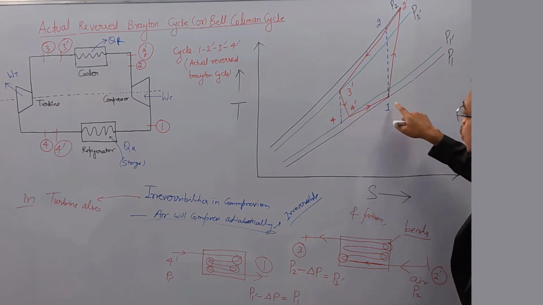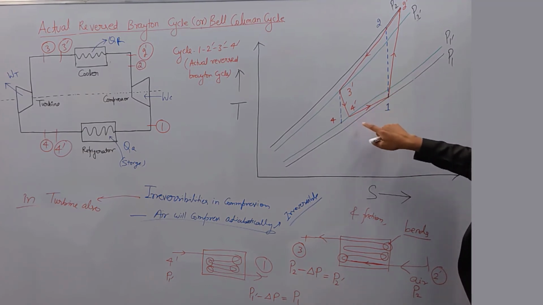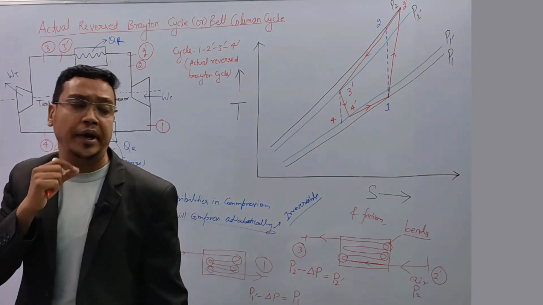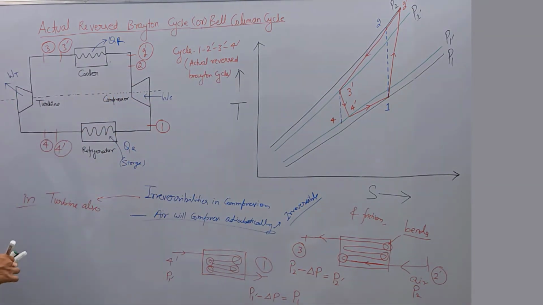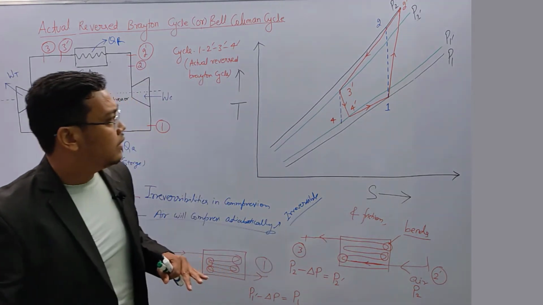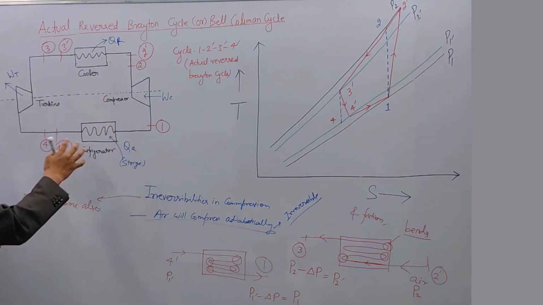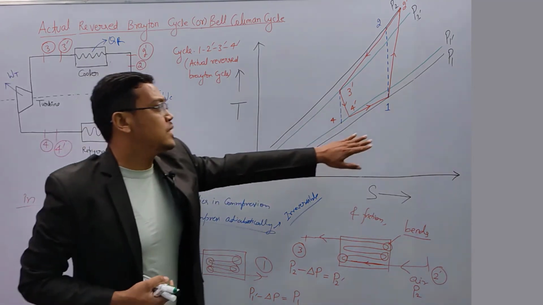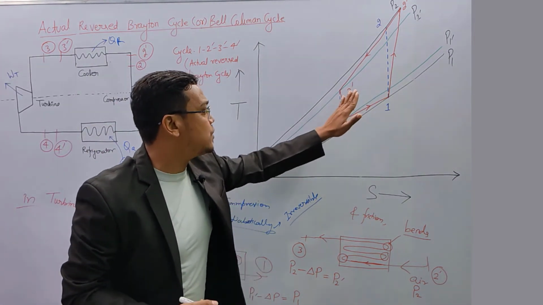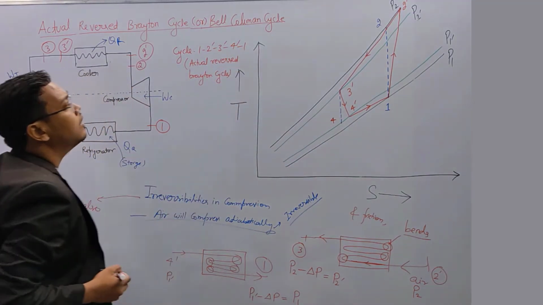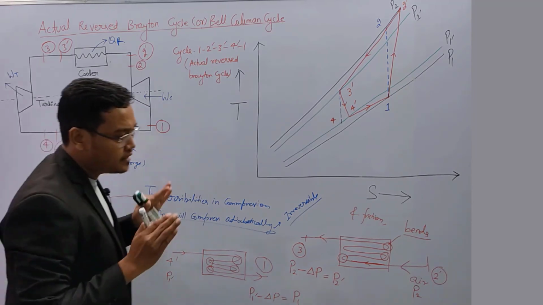In process 4 dash to 1, heat addition is taking place, because of that temperature is increasing and entropy is increasing. Okay, in thermodynamics, you know very well all these points. So friends, because of irreversibilities, bends and frictions in the components of an air refrigeration system, the actual reverse Brayton cycle will be 1, 2 dash, 3 dash, 4 dash, 1. Okay, this will be the actual reverse Brayton cycle.